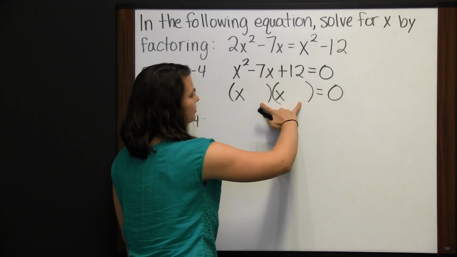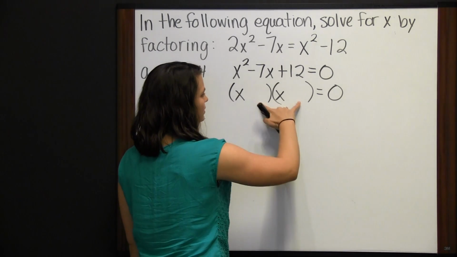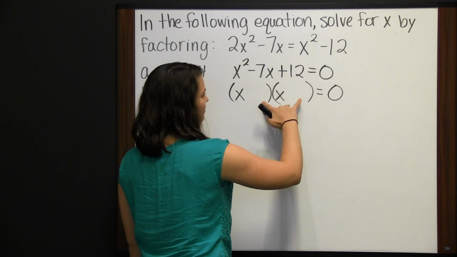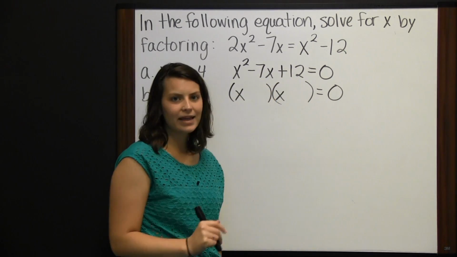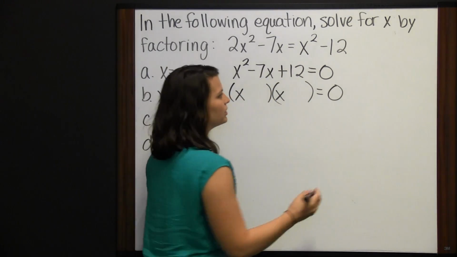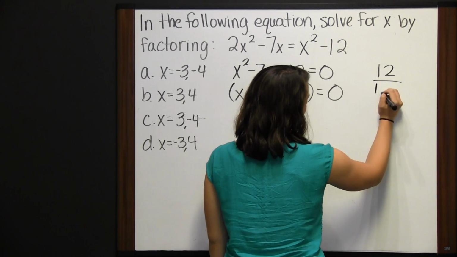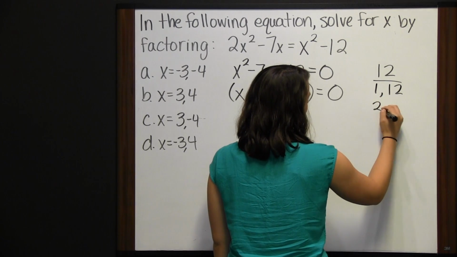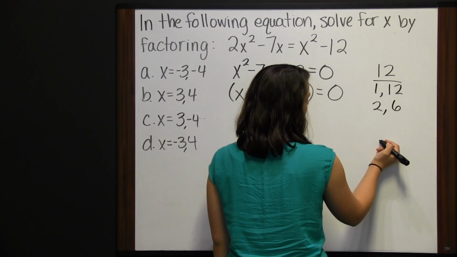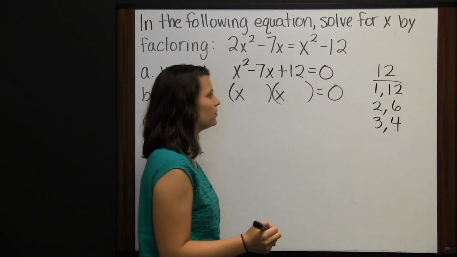To find these second numbers in each binomial, these numbers must be factors of 12 that add to be negative 7. Let's start by looking at the factors of 12. 1 and 12 are factors of 12. 2 and 6 are factors of 12. And also 3 and 4 are factors of 12.